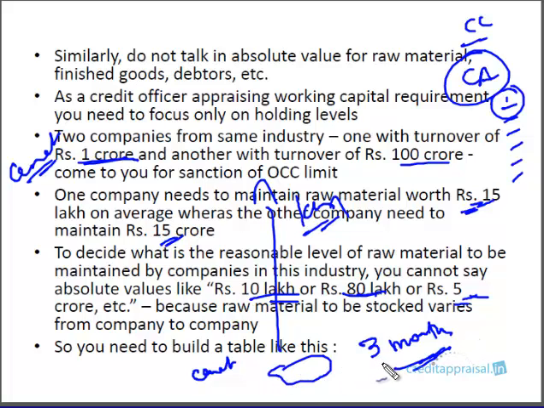Now once you have that idea, then you can convert this into amount for individual companies. For the small company, 3 months might be equivalent to 15 lakhs. For a large company, this 3 months will be equivalent to 15 crores. So once you speak in terms of holding levels, comparison will be very easy.